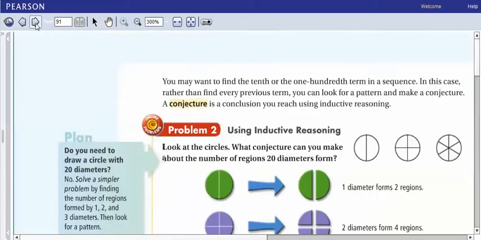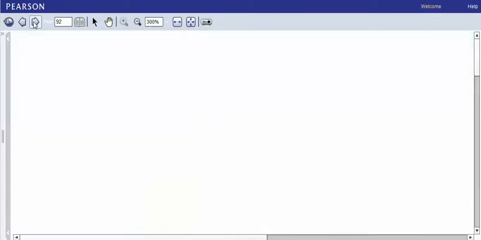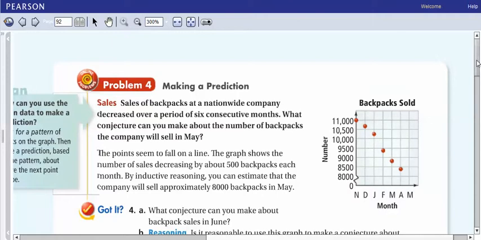Your next definition, a conjecture, is a conclusion you reach using inductive reasoning. On page 92, a counterexample.